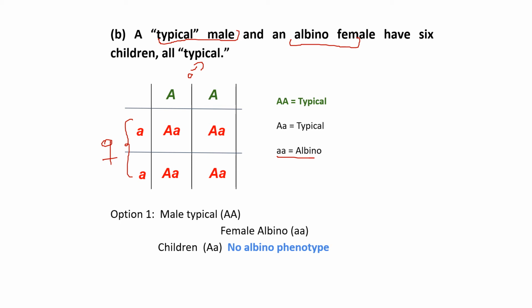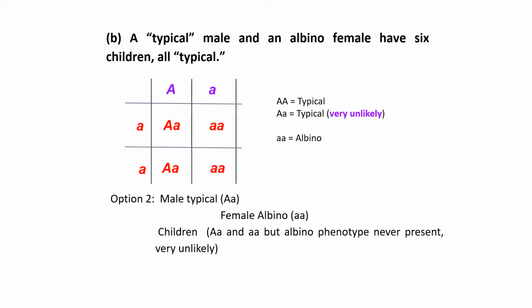So they are asking you, what do you think that is? Is the typical male homozygous dominant, or is he a carrier with a typical phenotype? Here you cannot get heterozygous or homozygous recessive. So this can perfectly fit there.